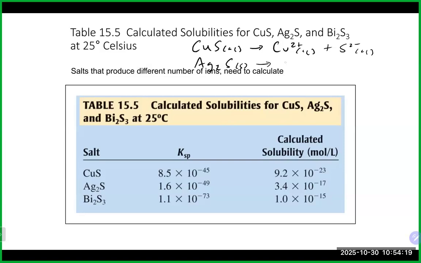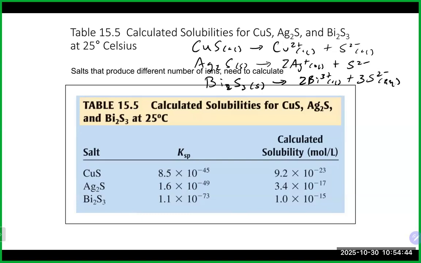And when this guy breaks apart, we will get 2 silver ions here and a sulfide. And we got a little bismuth 3 sulfide. And when this guy breaks apart, we will get 2 bismuth there and 3 sulfide.